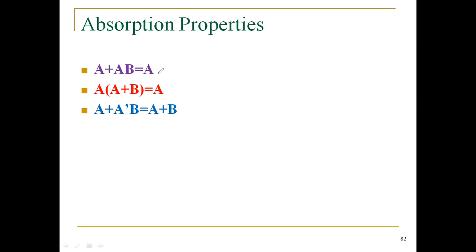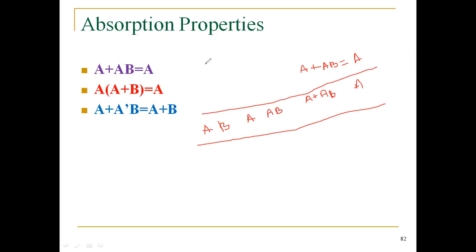So suppose we prove that A plus AB equals A. If it is a truth table, it is very simple: variable A, variable B, then AB, then A plus AB, and A. These are the columns in the table.